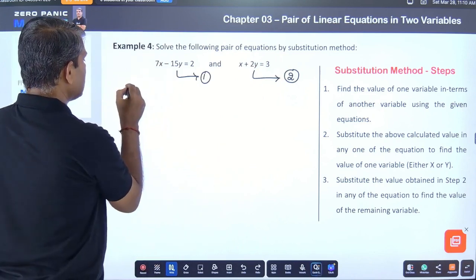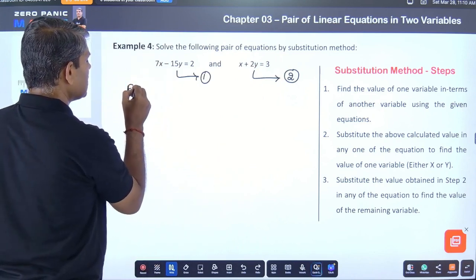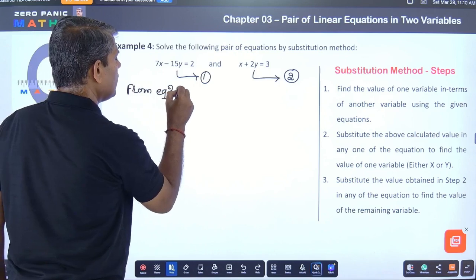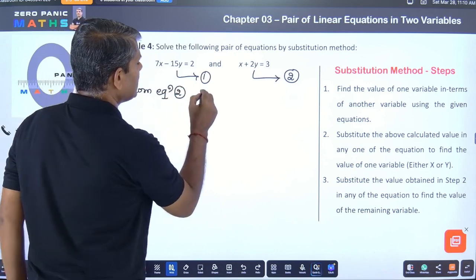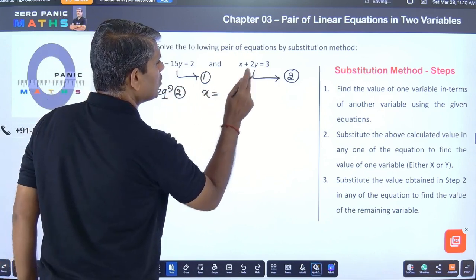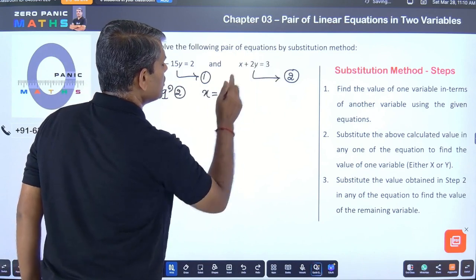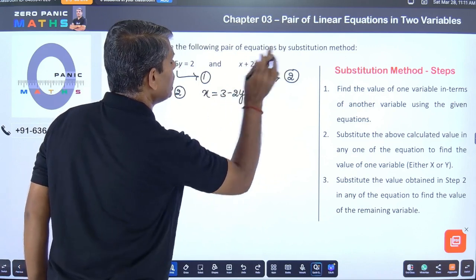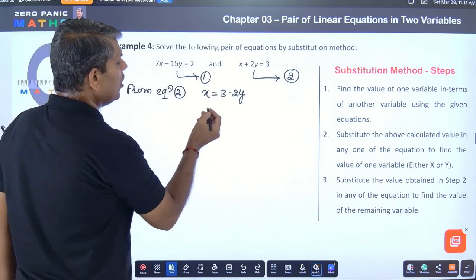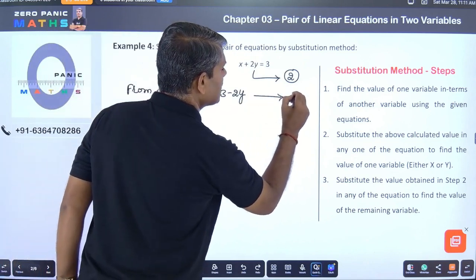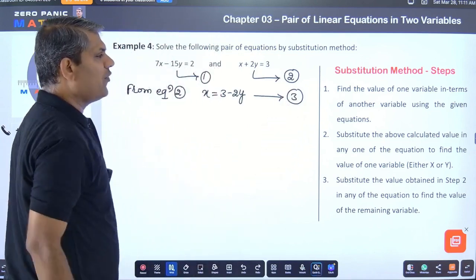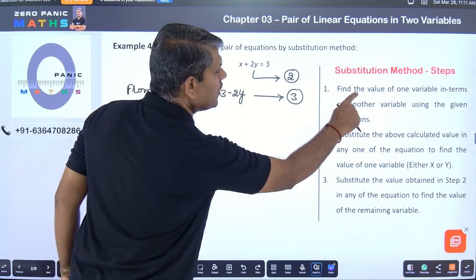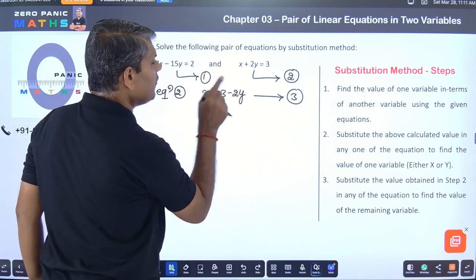So I can say from equation 2 that x is equal to 3 minus 2y. Just transfer 2y to the right side. Let us call this equation 3. So the first step is completed. What is the first step? You have found the value of x in terms of y.